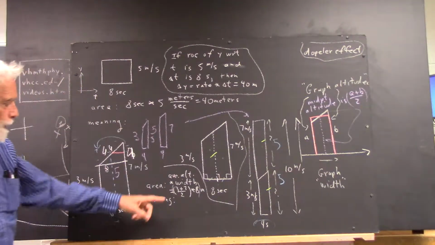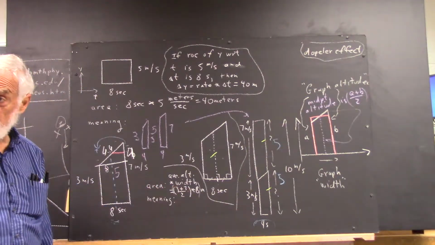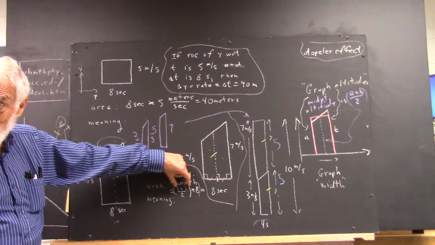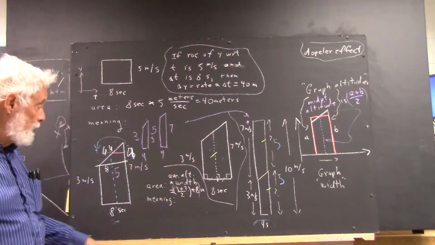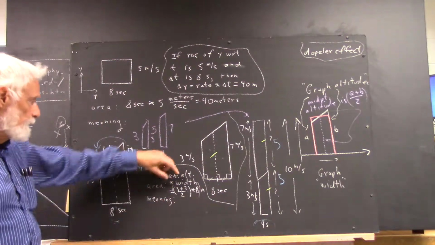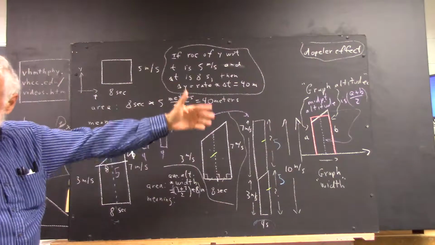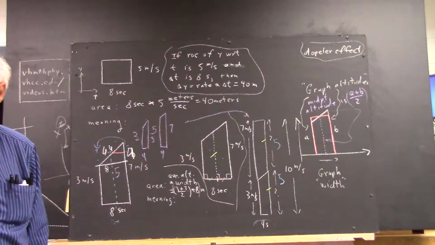Okay, I didn't put the meters per second on the 3 and the 7, but I can factor out meters per second. And then when I multiply that, I'm sorry, these are meters per second. And when I multiply by 8 seconds, the second divides out, leaving you meters, right?